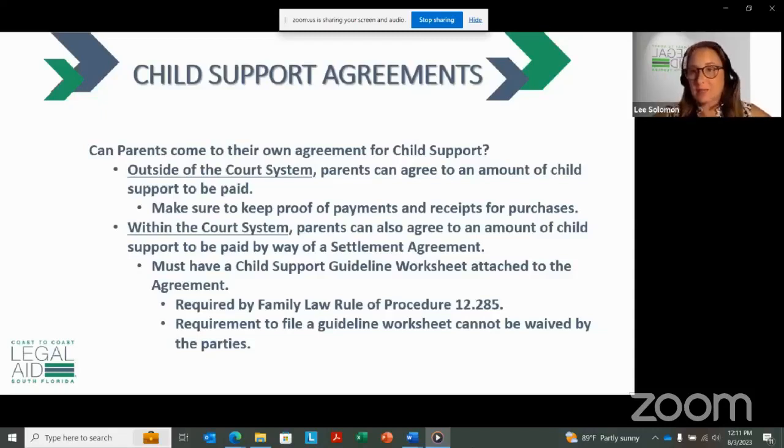A lot of times this happens in mediation, sometimes it doesn't require mediation. However, either way, within the court system, there must be a child support guideline worksheet attached to the agreement. This is established in Family Law Rule of Procedure 12.285. The requirement to file a guideline worksheet absolutely cannot be waived by the parties.